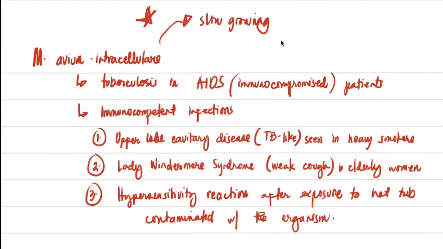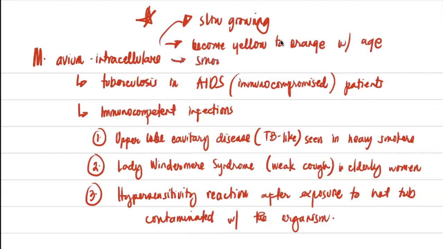So slow growing, initially non-pigmented but becomes yellow to orange with age. And of course, it also has smooth colonies. Okay? So, take note of this. It might come out again in the exam. Okay, so that is MAC, Mycobacterium avium intracellulare complex.